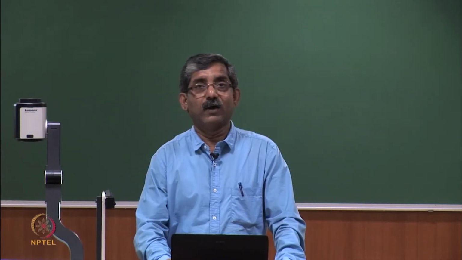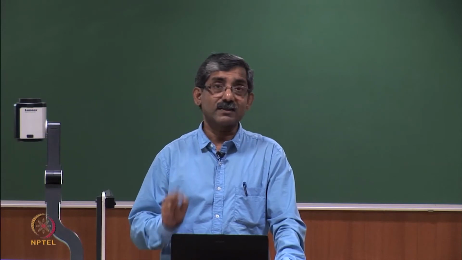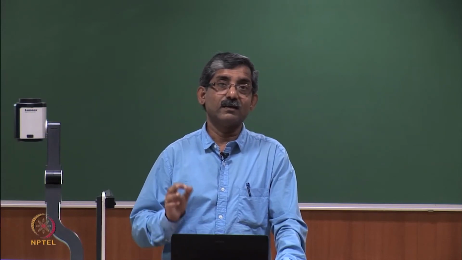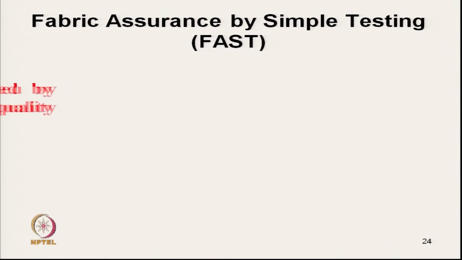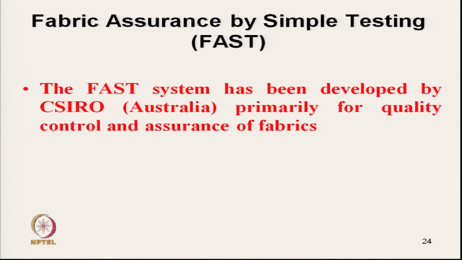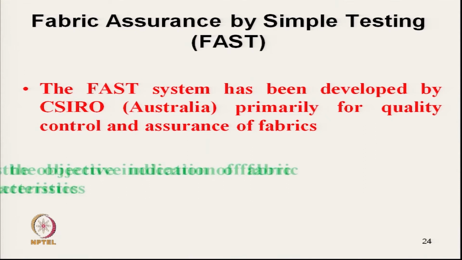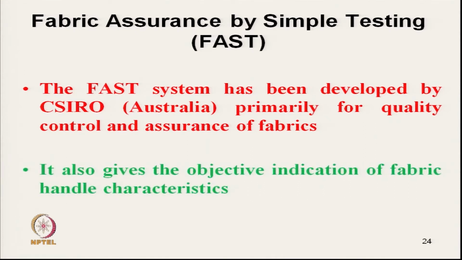Whereas, the FAST systems are much simpler. It has been developed by CSIRO Australia, primarily for control and assurance of fabric quality. It also gives an objective indication of fabric handle characteristics.